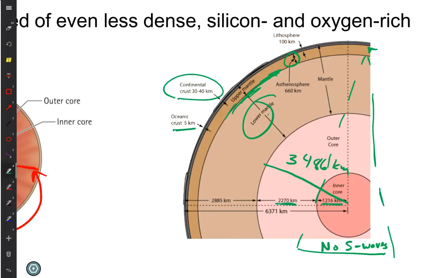The asthenosphere is where the temperature and pressure is high enough that the mantle material starts to flow a little. And so things that are above the asthenosphere can slide over the part of the mantle that's below the asthenosphere.